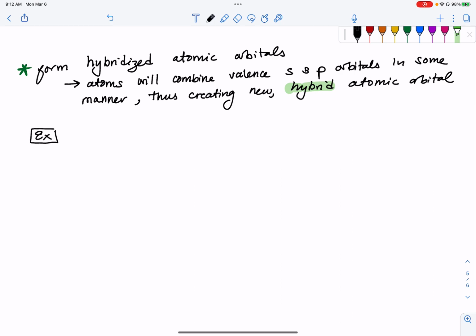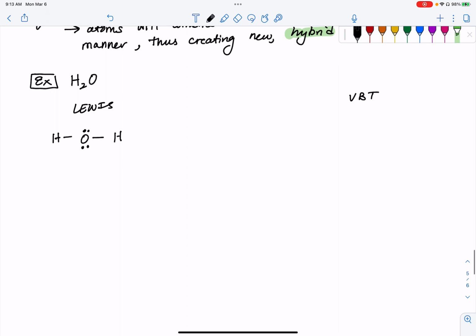For example, let's look at H2O. We're going to do Lewis structures side by side with valence bond theory. If I were to draw my Lewis structure for H2O, I would ultimately arrive at something like this. Then if I were to think about valence bond theory, that's when I have to go back into the world of orbitals.